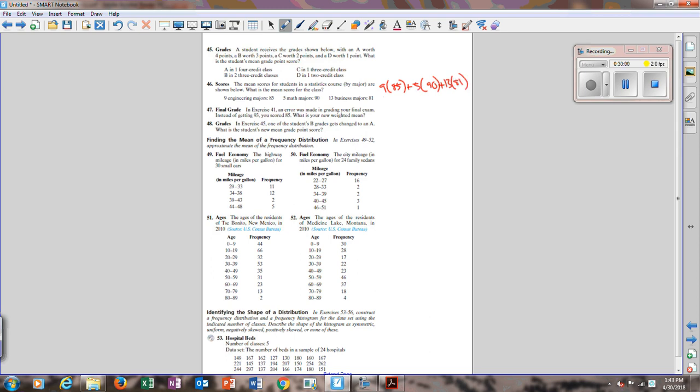And then you divide that by the number of people in the class: 9 plus 5, which is 14, plus 13, so 27. It gives you an average score of 84 in the class.